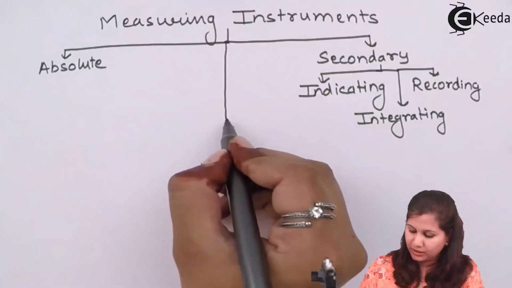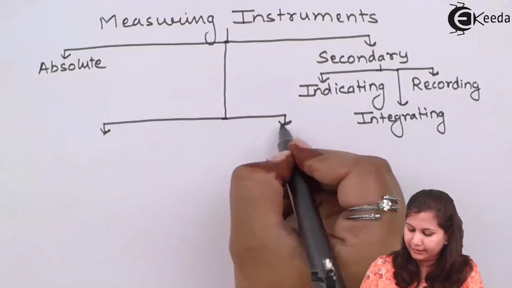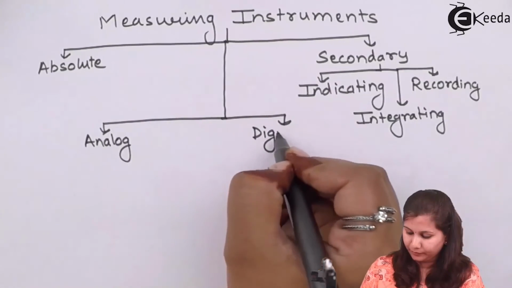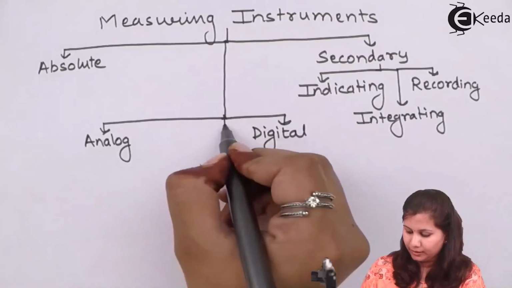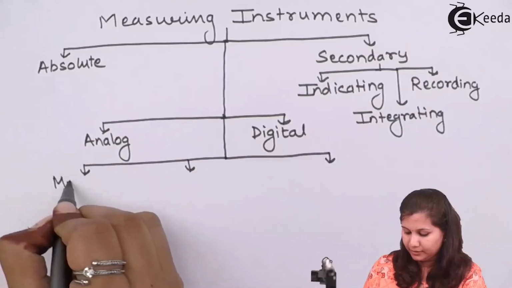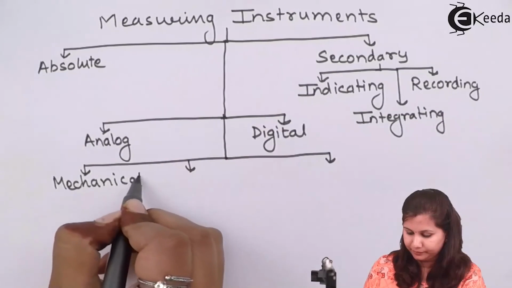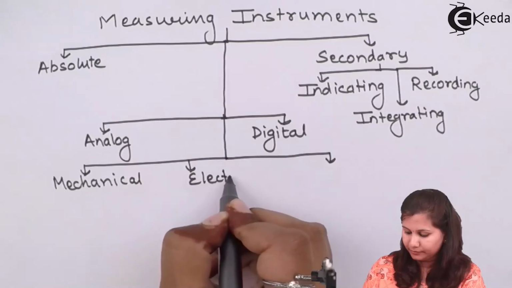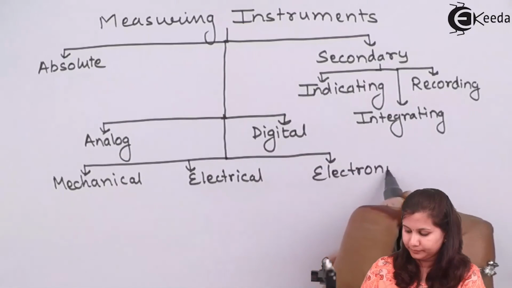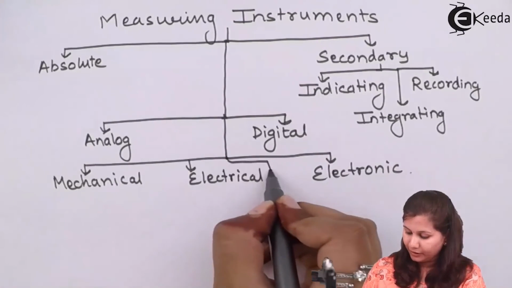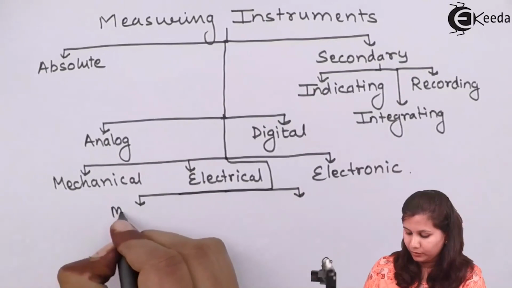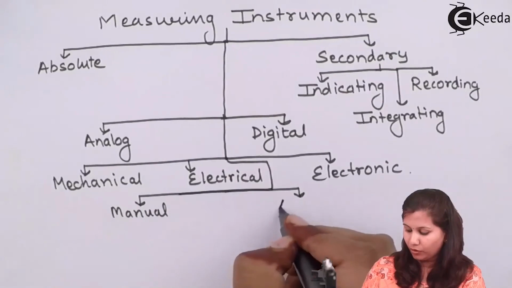The next classification we studied was analog and digital. Next we studied the classification mechanical, electrical, and electronic. The next classification we studied was manual and automatic.